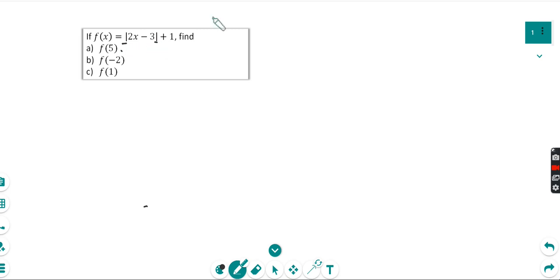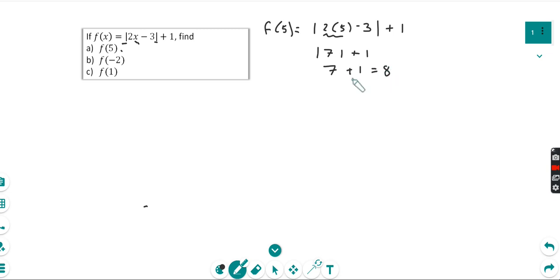So for example, f of 5, this notation means that you take all the x's and you replace them with 5s. So it looks like this. So what happens? Well, 10 minus 3, so the absolute value of 7 plus 1. So when we do that, because it's positive already, it's just going to stay positive. So it's just 7 plus 1, so it's 8. So it doesn't change anything there at all.